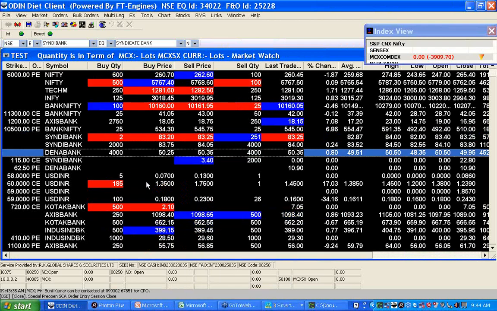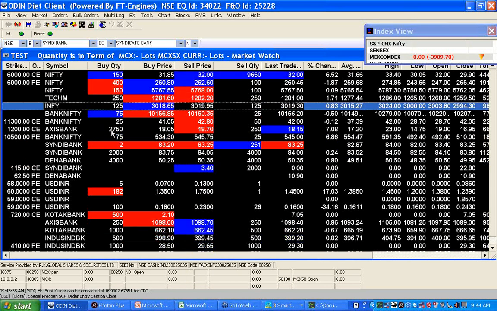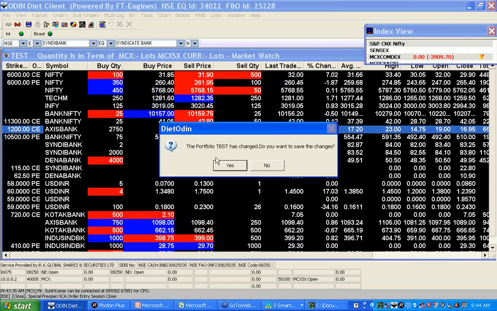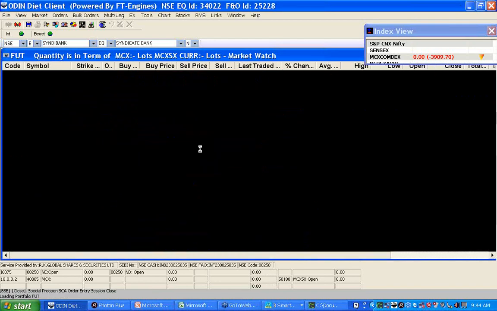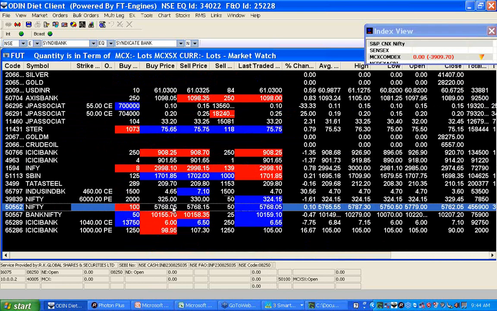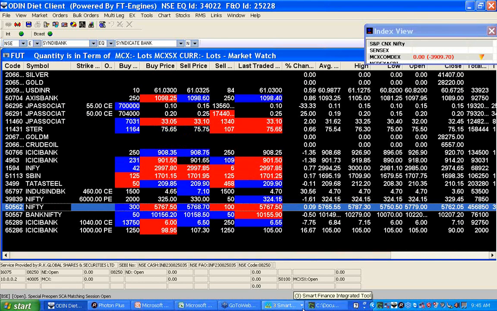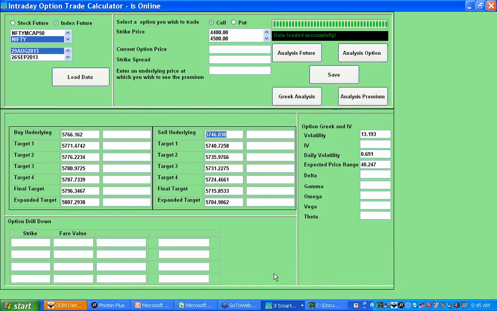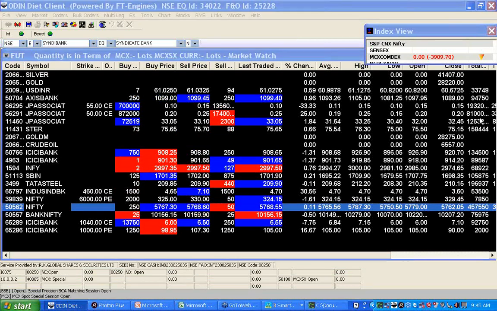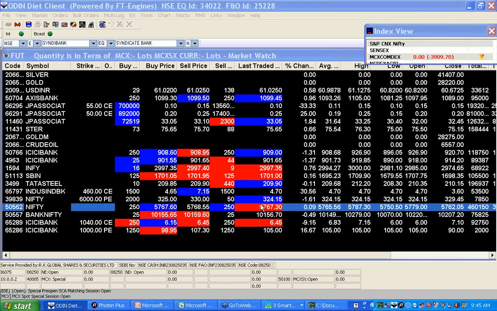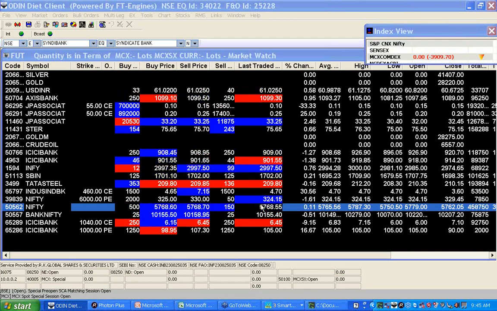So now let me see where this Nifty is trading now. It is trading at the 5768 level. So at 5768 we have given the buy entry, and the buy entry is being triggered for the Nifty.